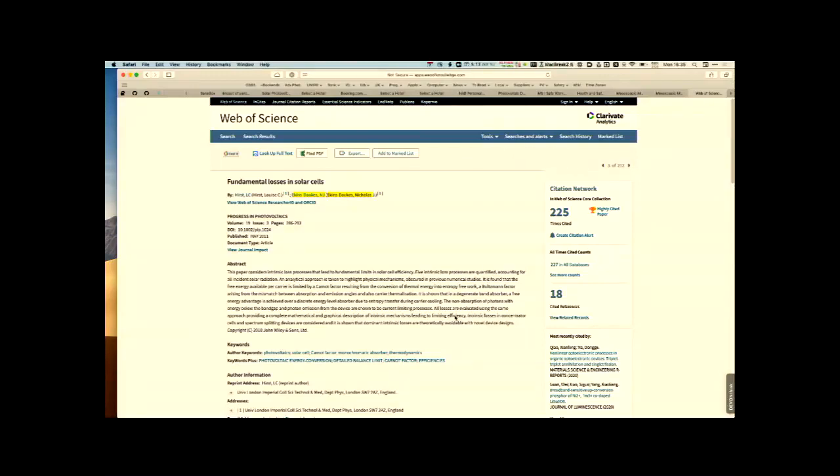It means something to do with solar cells and some way in which we might lose energy in solar cells. So what does the abstract say? The first sentence: this paper considers intrinsic loss processes that lead to fundamental limits in solar cell efficiency. One sentence that describes, without too much jargon, what's going on.